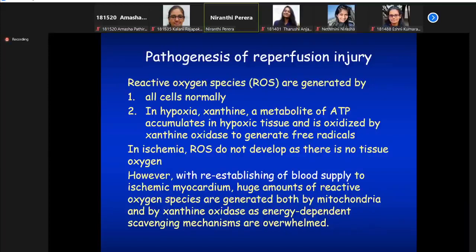Okay. So reperfusion injury is caused by multiple things, including enzymes, white cells, complement, and various other substances released.